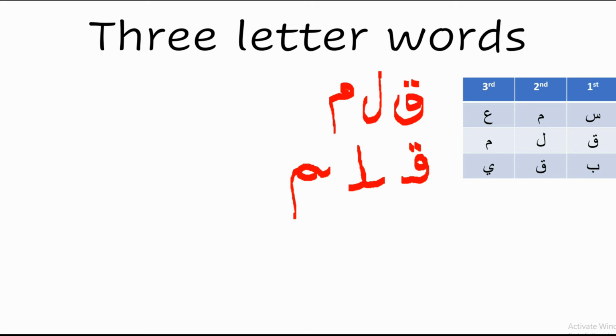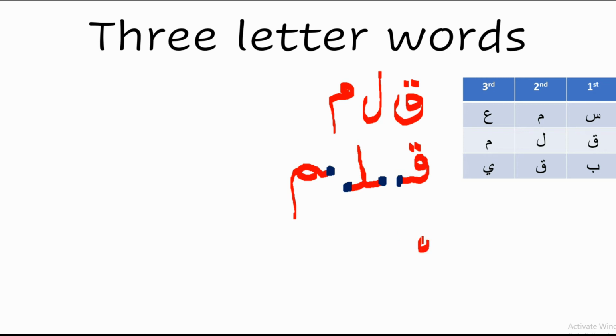Now what we need to do, find the joining point. So this is the joining point for qaf on the left. This is the joining point of lam on the right, and this is on the left. Okay, and this is the joining point of meem on the right. What we need to do, we need to just join these points and bring them to one height.